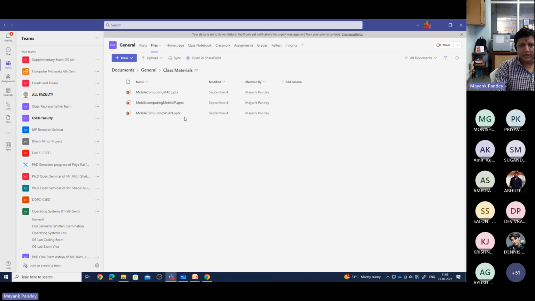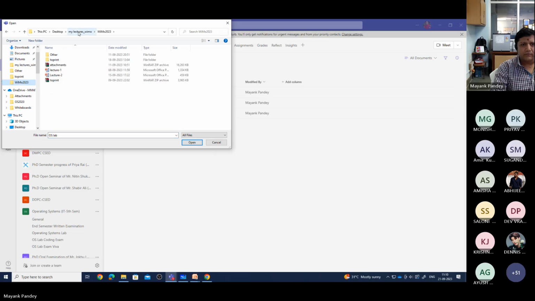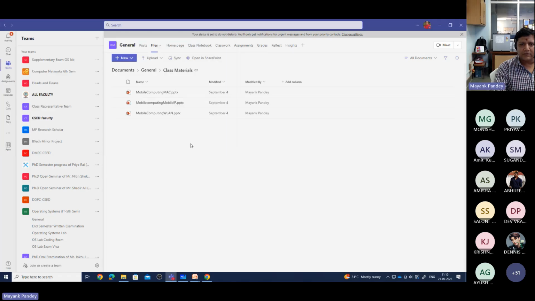Now that slide is not there. I would be uploading the mobile IP version 2 slide. Let me upload it right now. So just do that example also from this slide, which I have just explained.